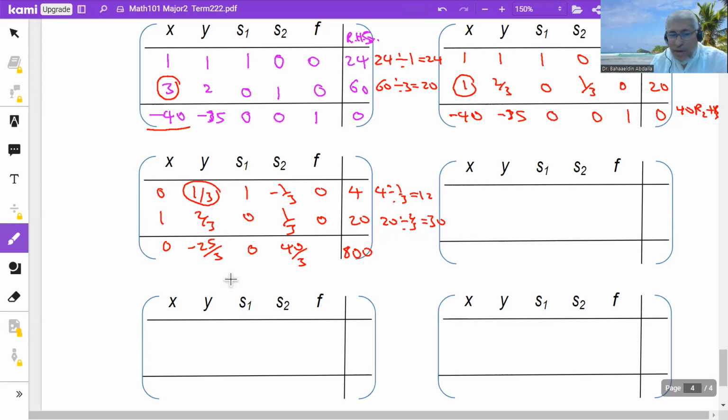I need to make it 1. So I will multiply the first row by 3. So I'll have 0, 1, 3, -1, 0, and 12. And these numbers will be the same. Also the numbers here.